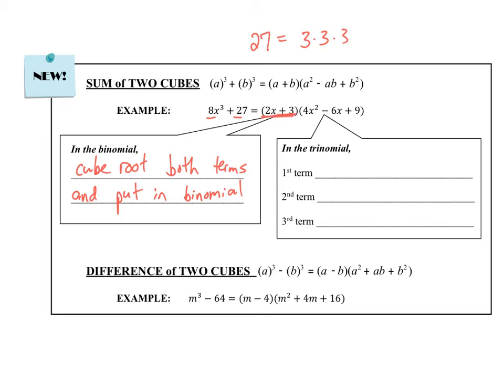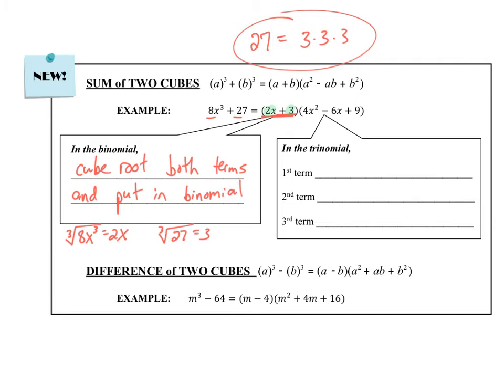It's got two things, so it's called a binomial. What we did there is basically we took the cube root of 8x to the third and got 2x. And we took the cube root of 27 and got 3. Again, it's 3 because of what we set up here. So that's how we got the 2x and the 3, because we took the cube root of both of them.